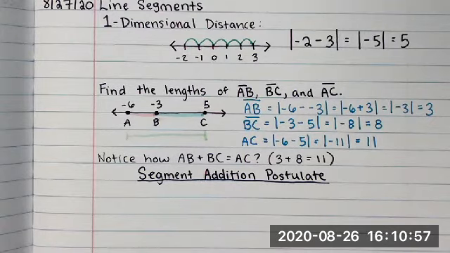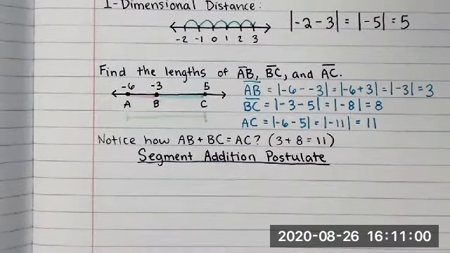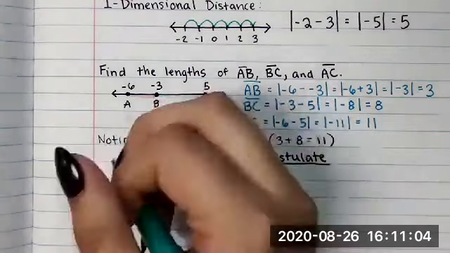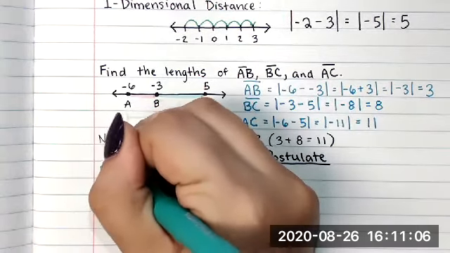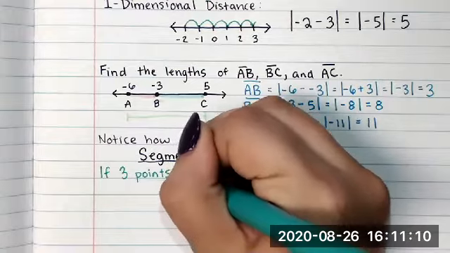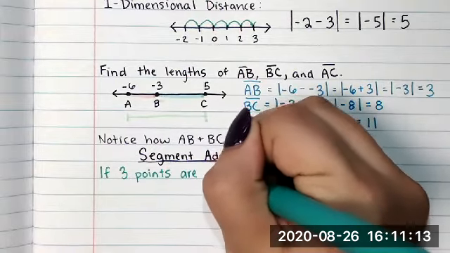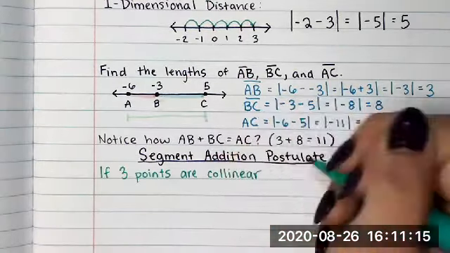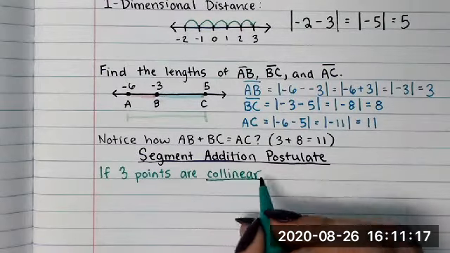So, the formal wording for the segment addition postulate is as follows. If 3 points are collinear, remember that word from a few days ago?